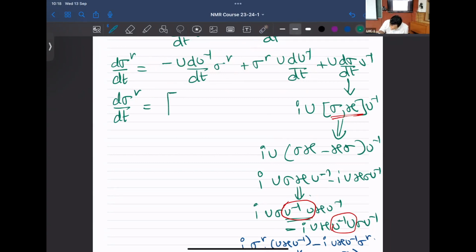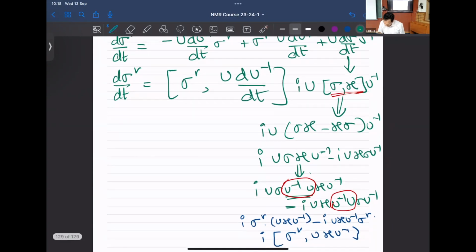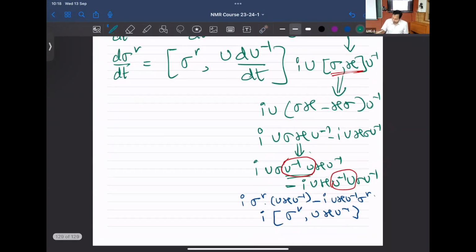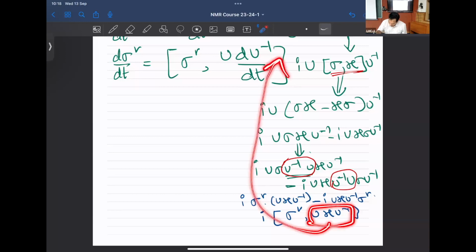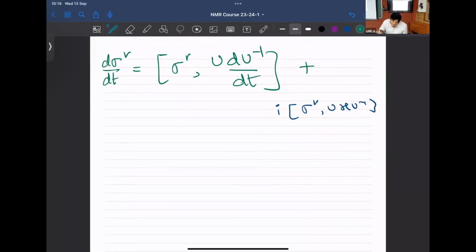So commutator of sigma R, comma du inverse by dt. I hope I'm not missing a minus sign somewhere. Maybe if I take the I, it will come up, right? So in both these commutators, you see sigma R is first. One would be able to take this part inside the commutator, of course, accounting for the I. Let's try to expand this. Actually, yeah, this is fine.